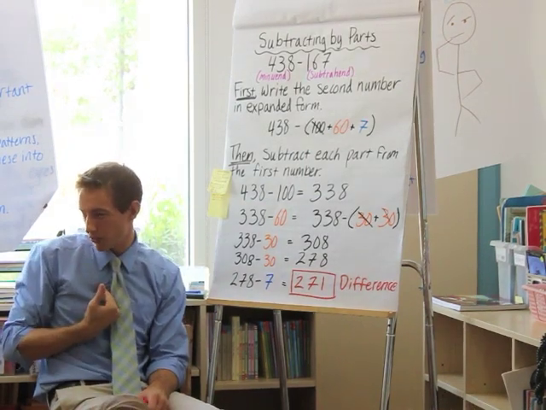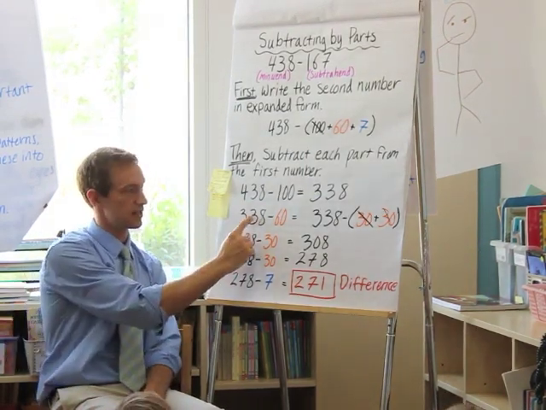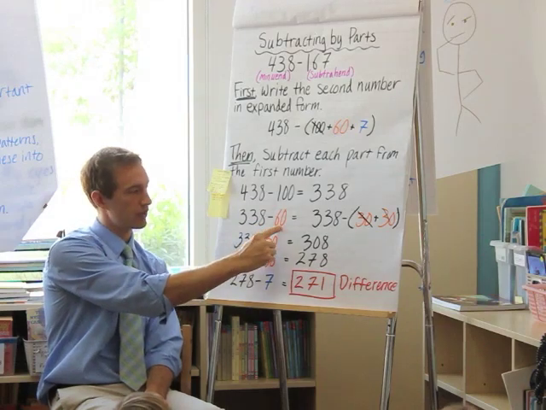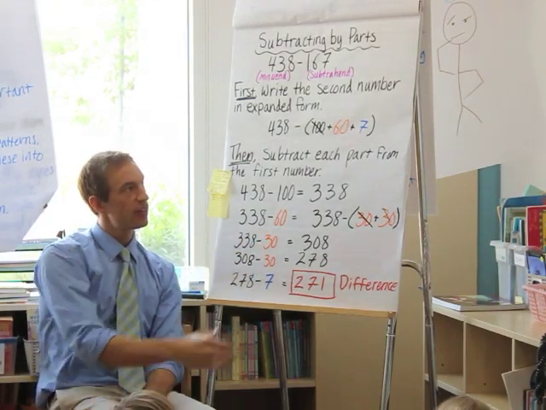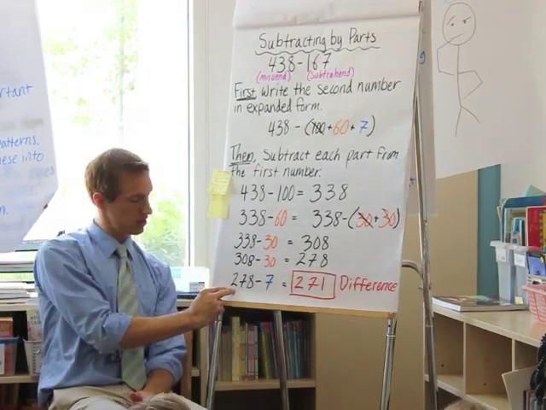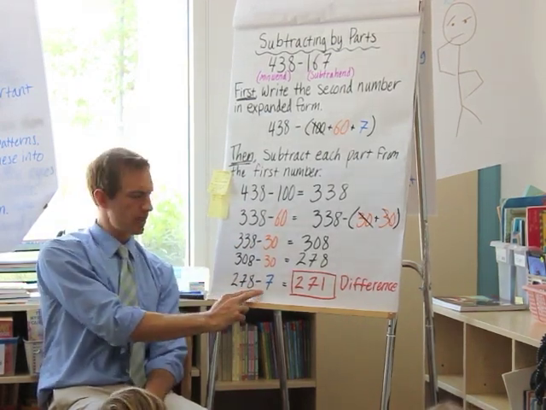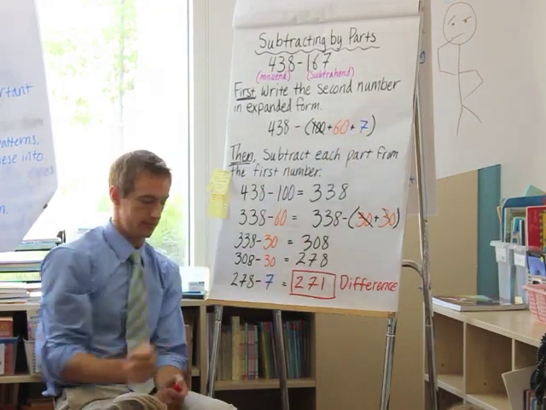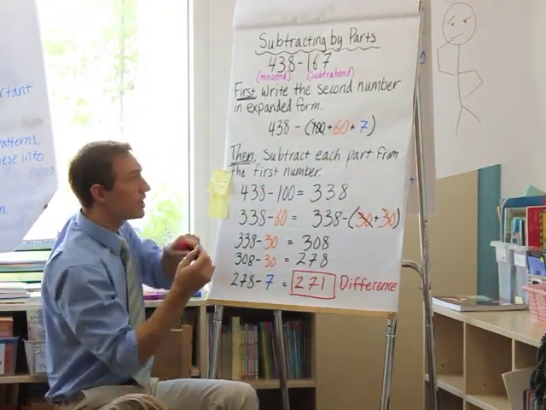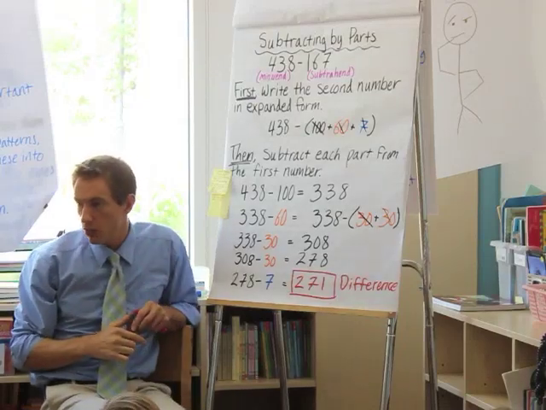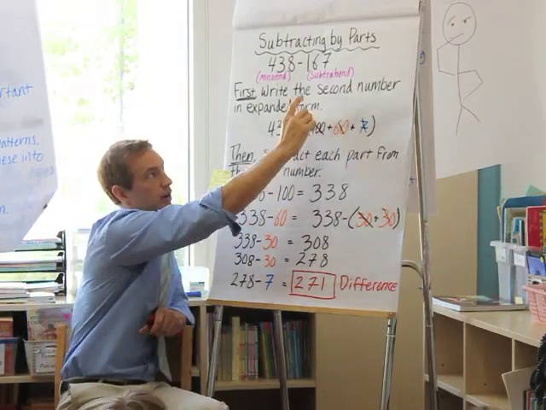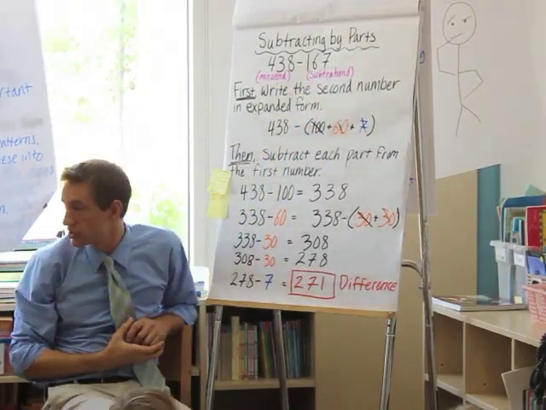But it was difficult for me to take away the tens like that. So I broke up the 60 to 30 and 30. Then, lastly, I did 278 minus 7, or the ones. So each time I go step by step and take away each part from 167.